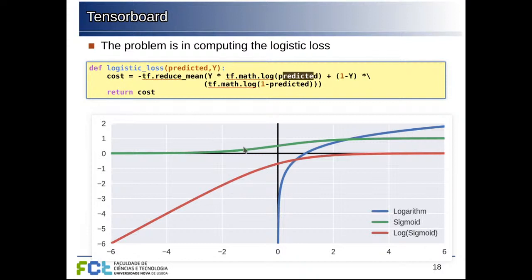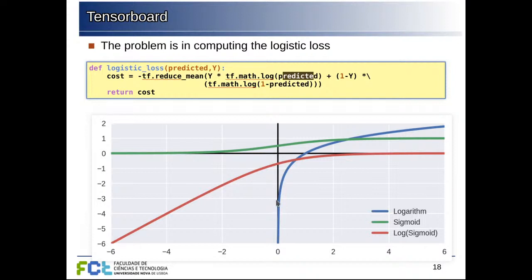But we have this problem here. We have very, very small numbers here that are not quite 0. And then we put that as an input to the logarithm. So we have very small numbers here that should go on this region, but since these very small numbers are never 0, they should not give us problems.